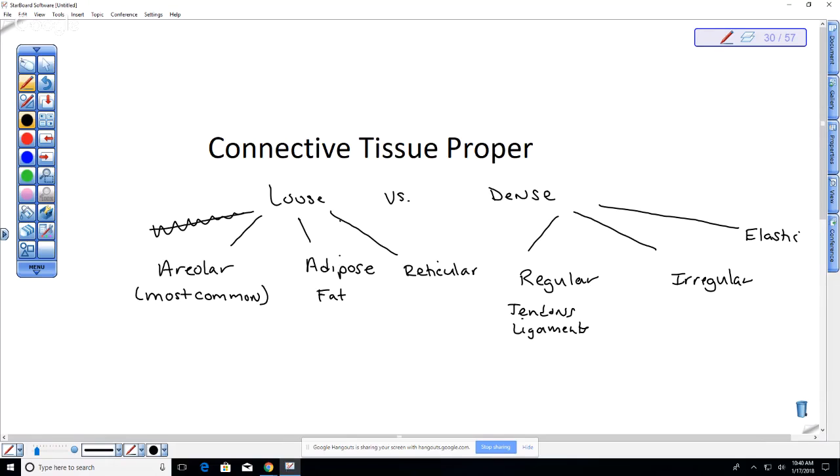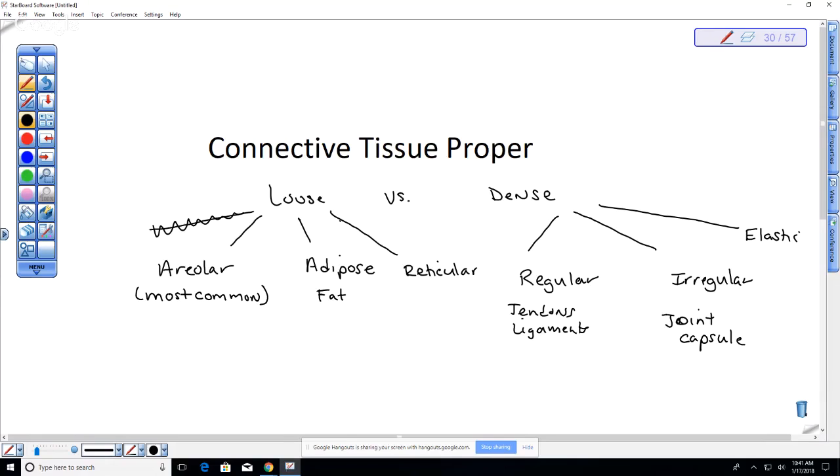So think of suture, right? A ligament would be like threads that hold something together. Okay. Irregular is the joint capsules. We're going to talk about joints in more detail, so we'll talk about this when we get there.